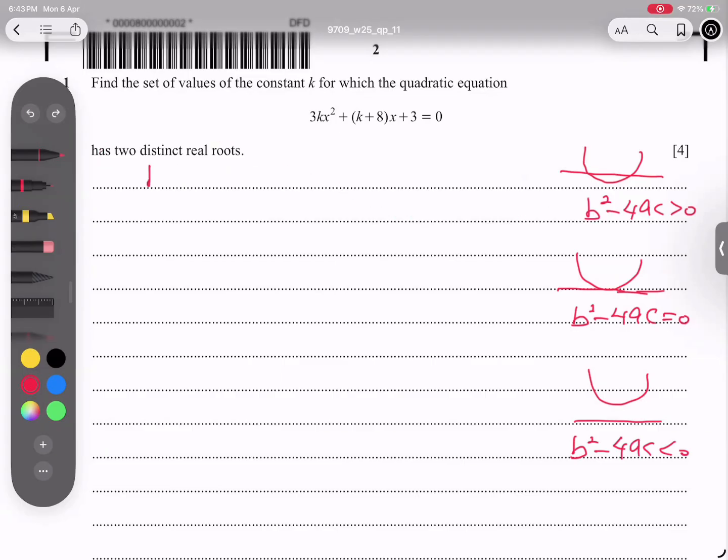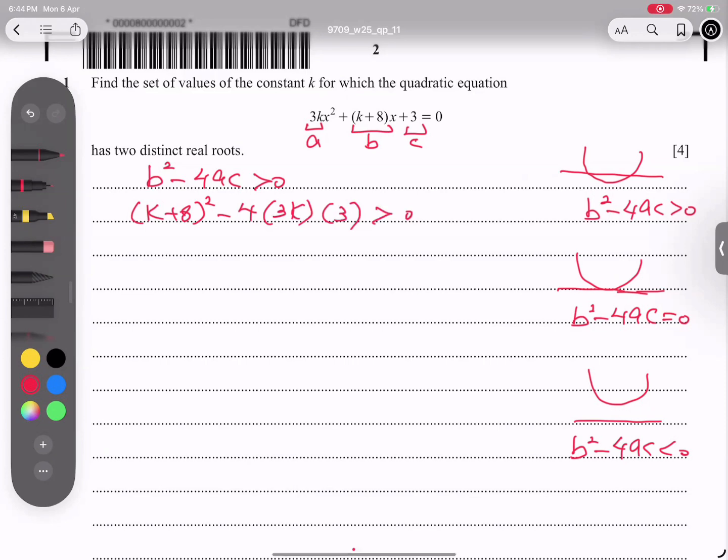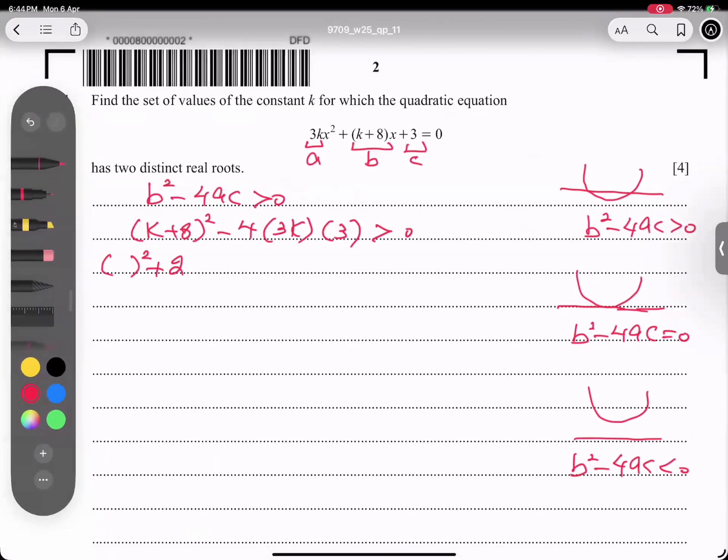So b squared minus 4ac more than 0. What is the a value? The a value is 3k, the b value is this, and the c value is this. So (k plus 8) whole squared, a value is 3k, c value is 3. Here I'm using the squaring identity: first term squared plus 2 into first term, second term plus second term squared.